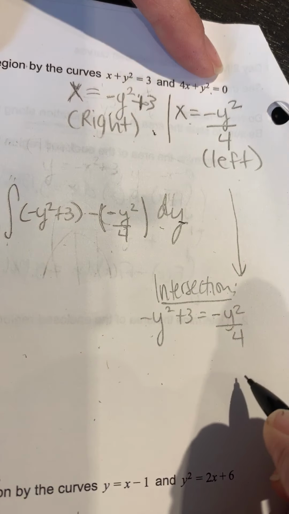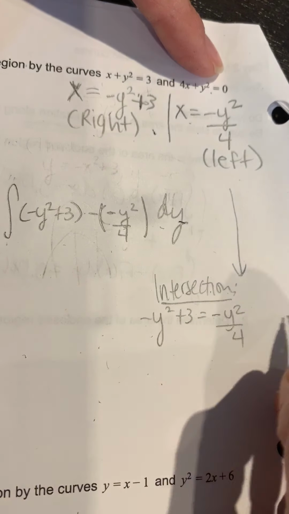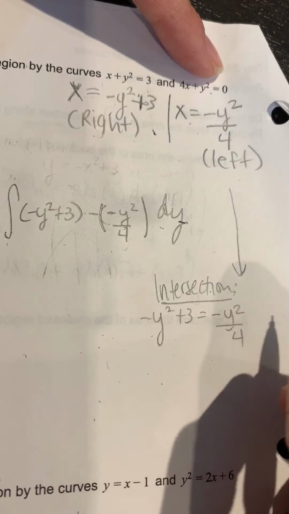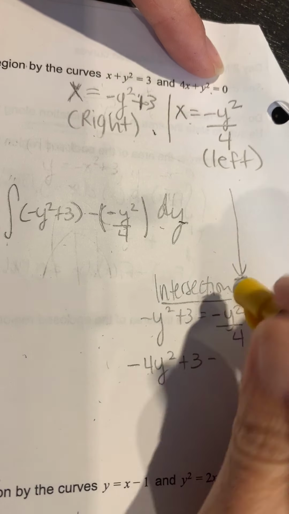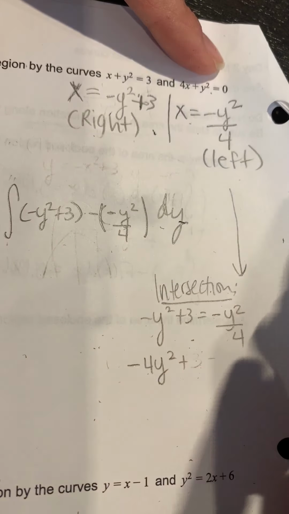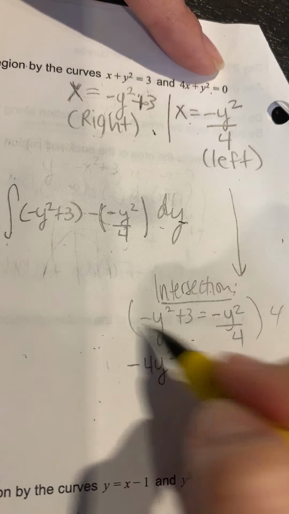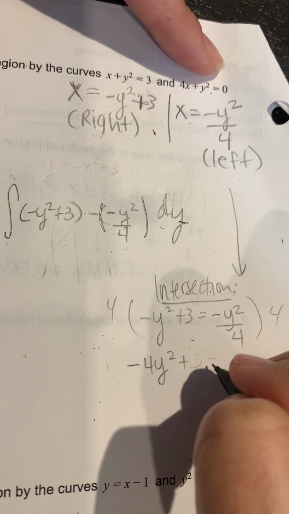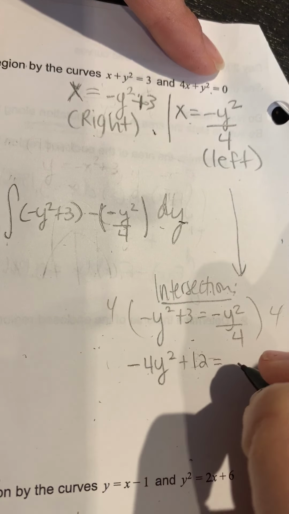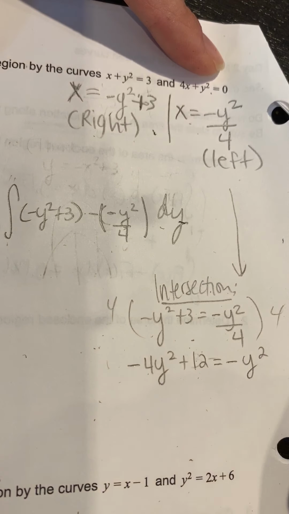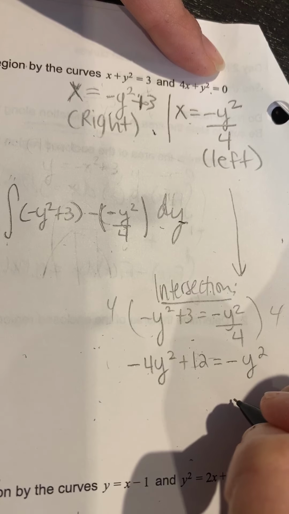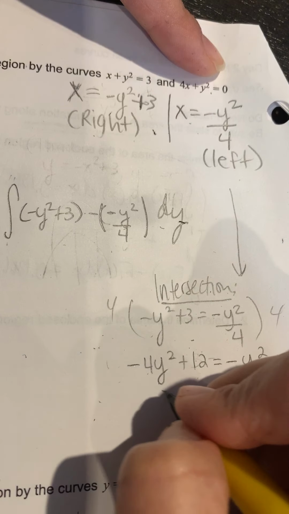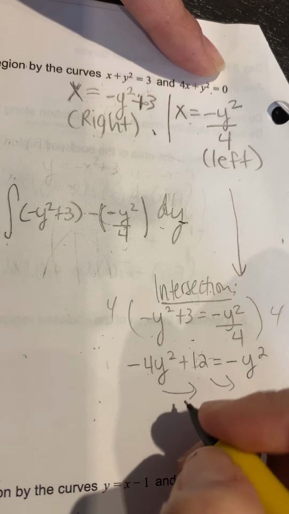I don't really like any fractions, so I'm just going to multiply everything by 4. I just multiply every single thing by 4. Okay, that way that cancels out. Now I can move this over to one side or the other. I guess I'll just go that way so that it's a positive y squared.